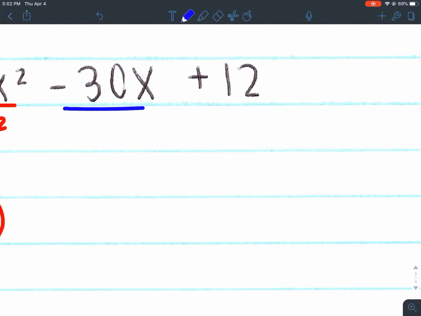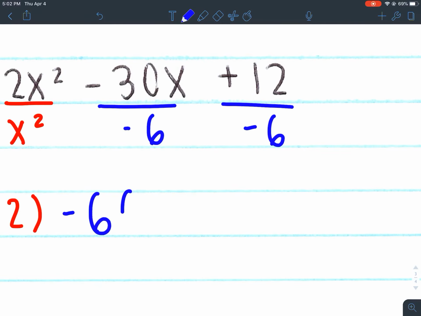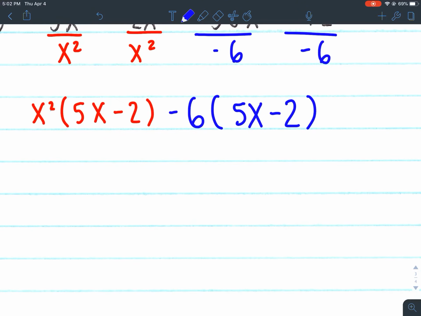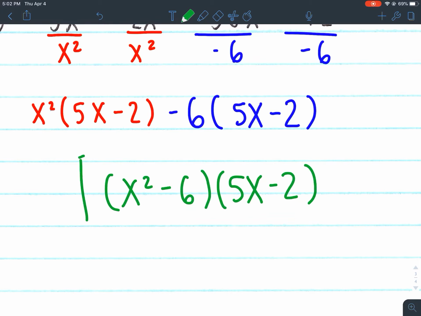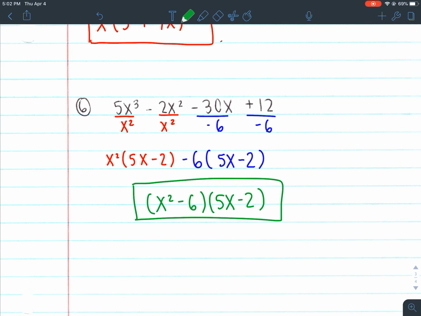Over here, I have, at most, negative 6. So I have negative 6 here, and then I have positive 5x minus 2. My parentheses indeed match, so we're good there. We have x squared minus 6. We have 5x minus 2. And those are our 2 factors.